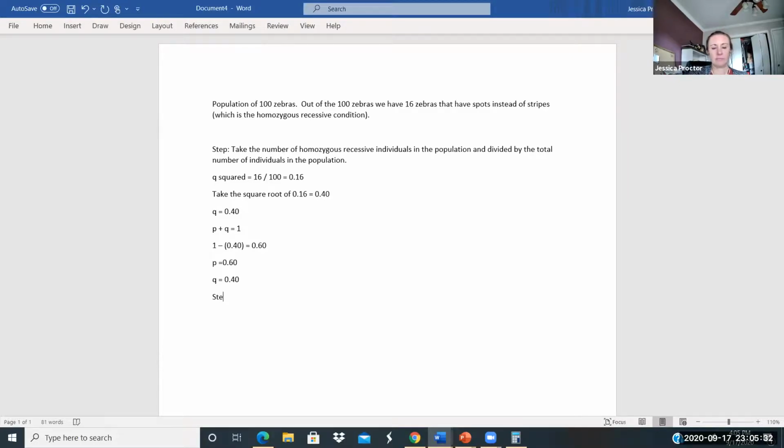So next step, we're going to plug in the now known values of P and Q into the Hardy-Weinberg equation.